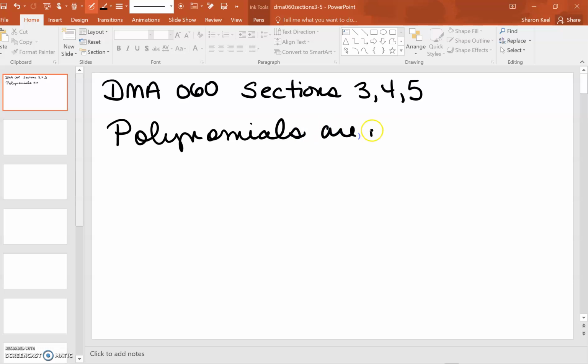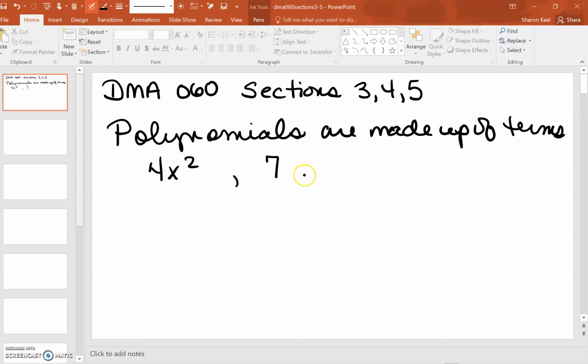Polynomials are made up of terms. Terms could be, let's say, 4x squared. A term could be the number 7. A term could be a single variable, or any combination of those. So these 3 individual items here are terms.